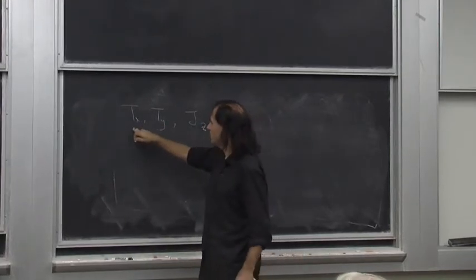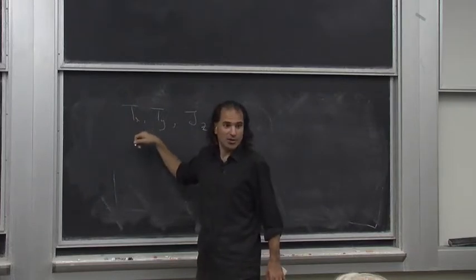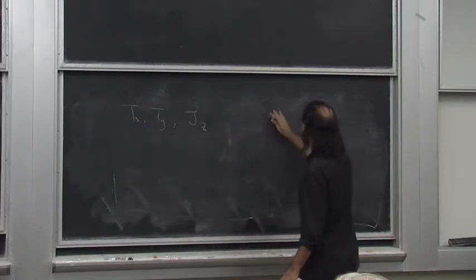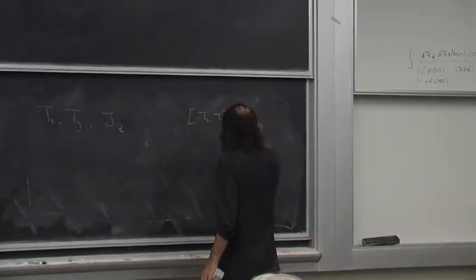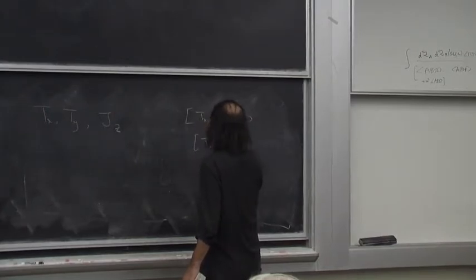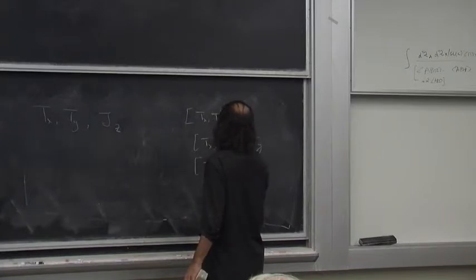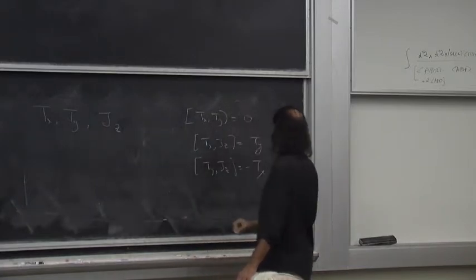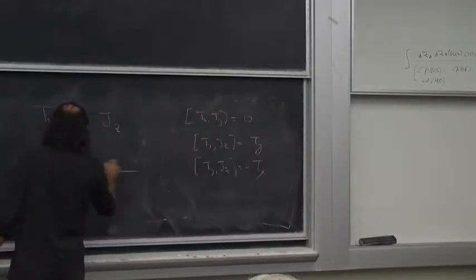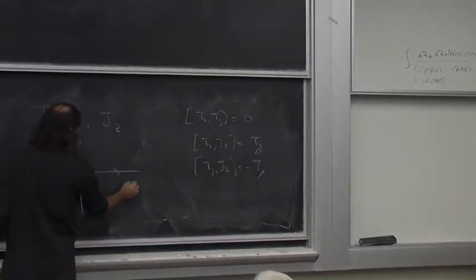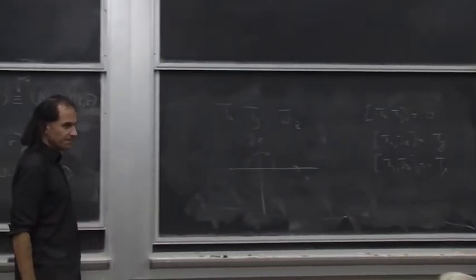Tx and Ty are a particular linear combination of Jx, Jy, and the boosts in the x and y directions, such that the commutation relations are: Tx and Ty is 0, Tx and Jz is Ty, and Ty and Jz is minus Tx. I'm not putting in the i's. But this is exactly the symmetries of the plane: just translations in the x and the y directions and rotations around z.